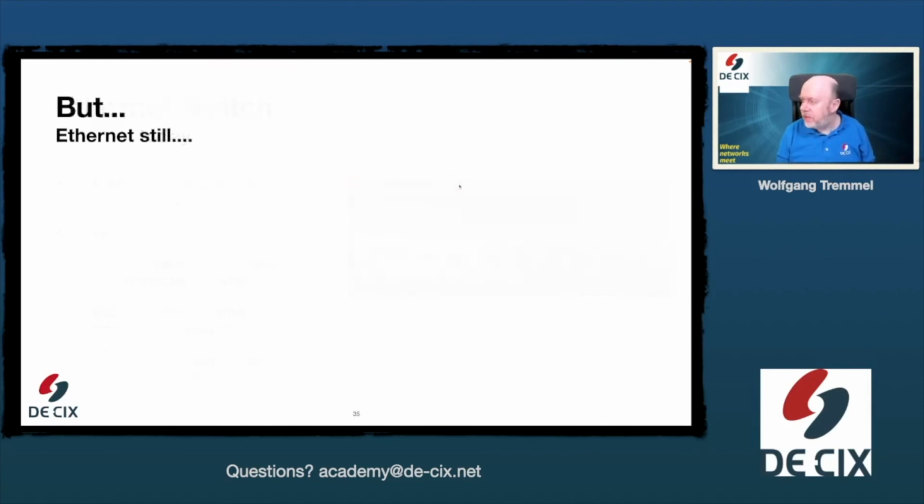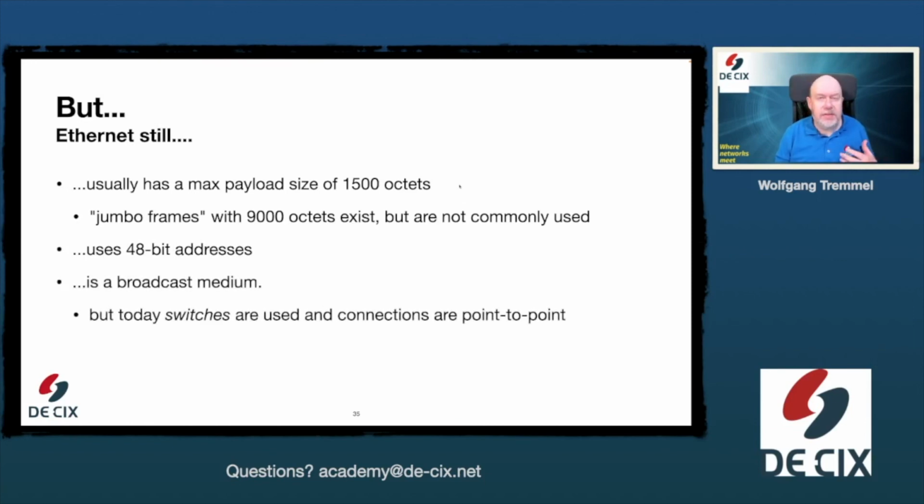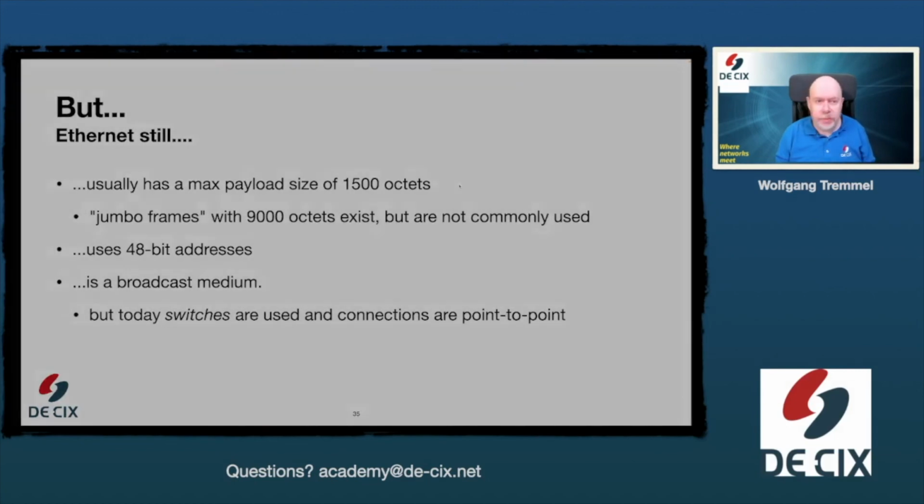But well, Ethernet still today has a maximum payload of 1500 octets. There is a definition of so-called jumbo frames with 9000 octets, but it's not very often used. We're still using 48-bit Ethernet addresses, and Ethernet is still a broadcast medium. Also, most commonly, switches are used, and the connections are nowadays point to point from an end device to a switch.